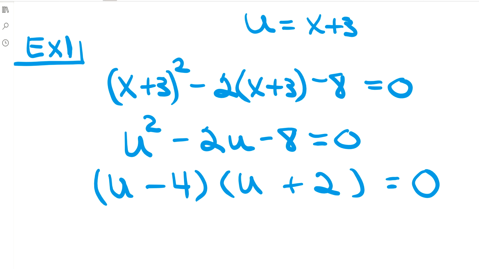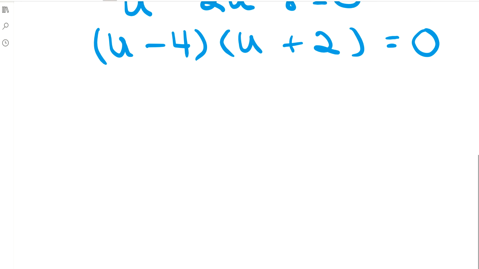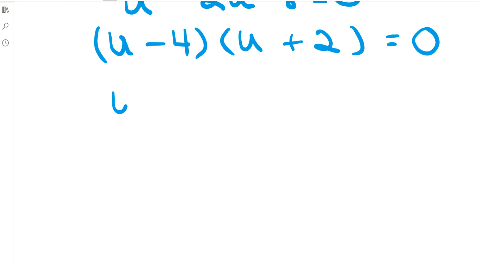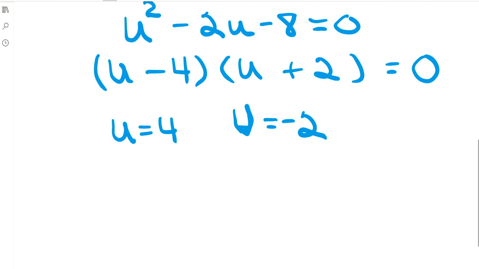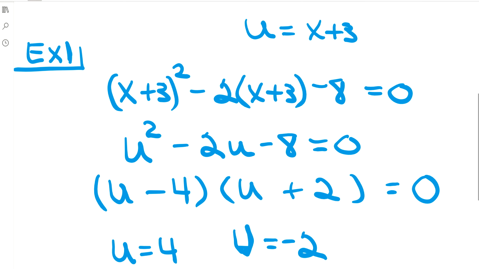Then I can finish by answering in terms of u: u equals 4 and u equals negative 2 to satisfy this equation. That gets me the answer in terms of u, but we need it in terms of x. So I have to go back up here and substitute the x plus 3 back in for each of the u's.